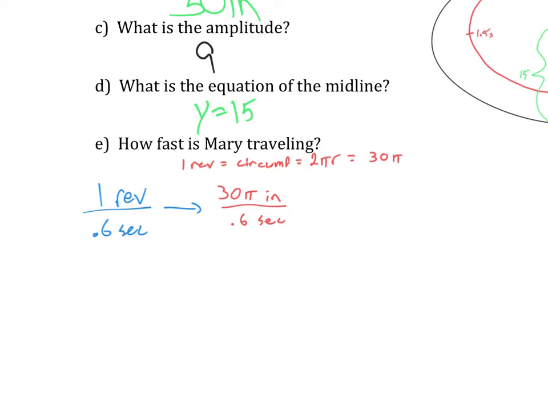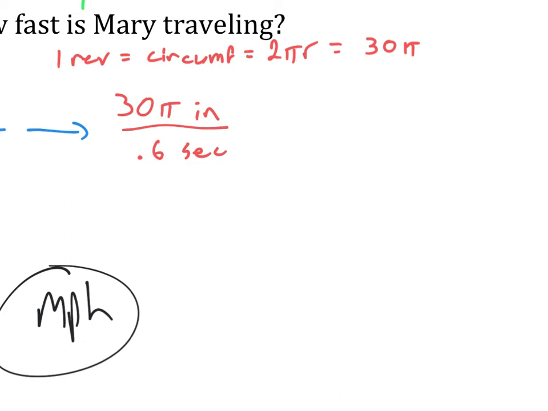Now let's say we want this in miles per hour. That's a pretty commonly used unit. What I need to do is figure out how to get my inches turned into miles and then seconds turned into hours. And you may have seen this in a chemistry class when you're doing conversions.